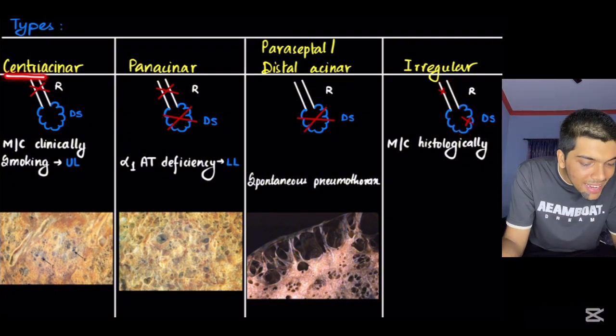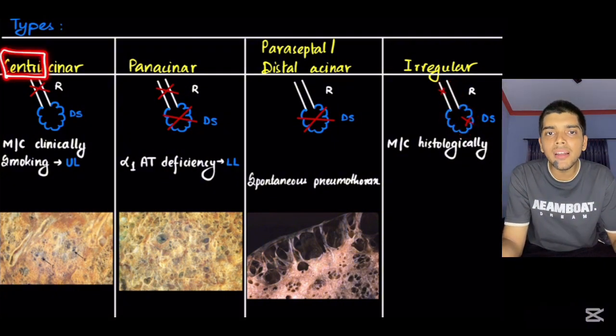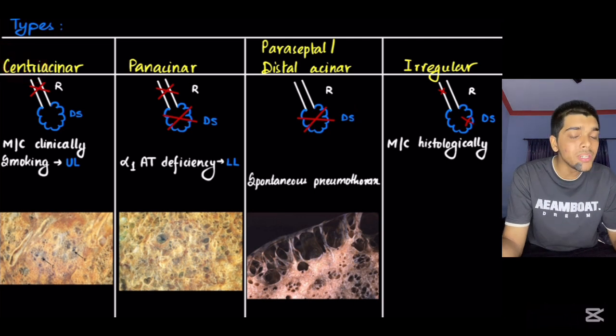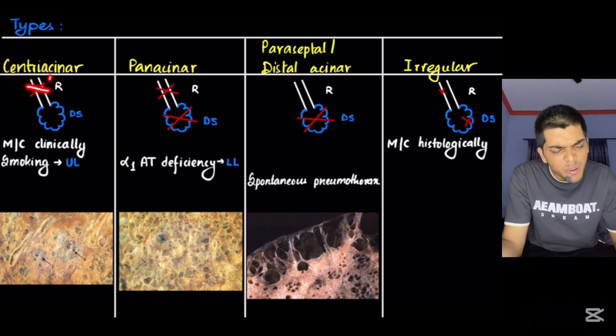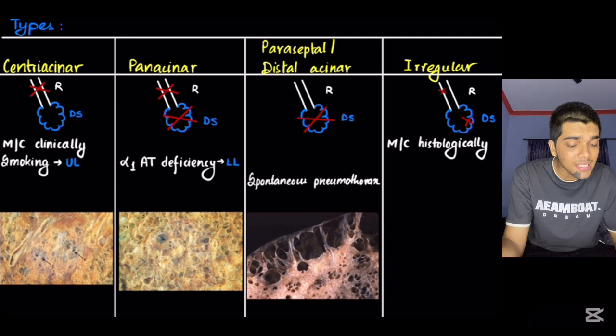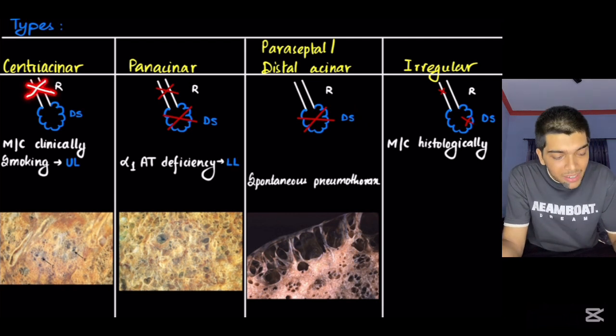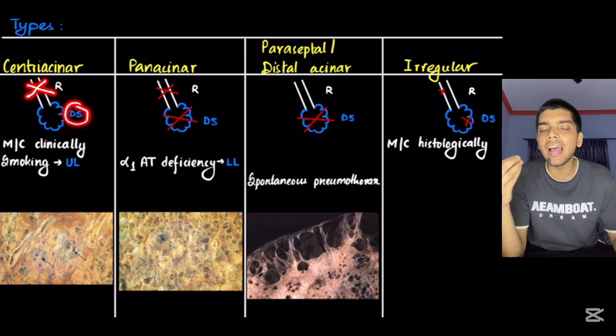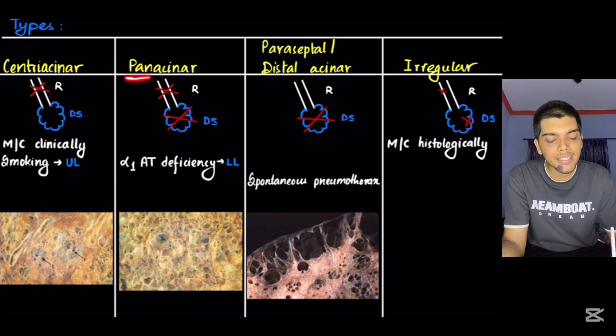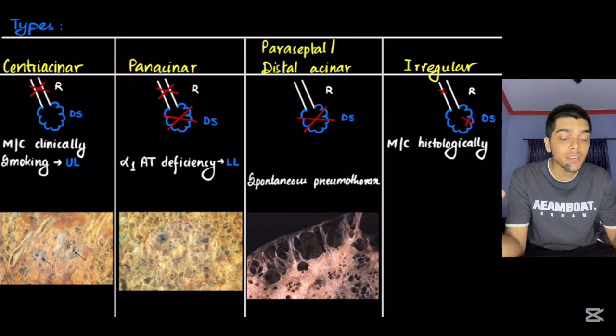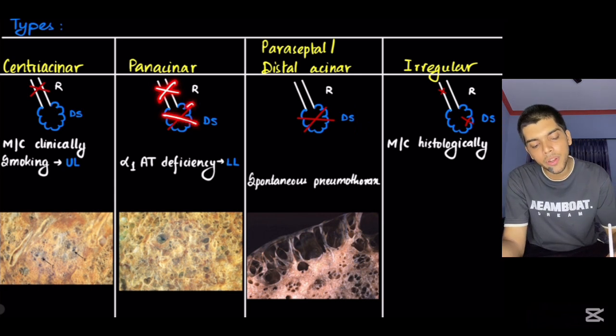In centri-acinar, which part is affected? The central part is affected. Which is the central part? The respiratory bronchiole is the central part. So it's the respiratory bronchiole which is affected. The alveolar duct and sac are spared. Pan-acinar. Pan means what? Complete. That means the complete acinus is affected: the respiratory bronchiole as well as the alveolar duct and sac.